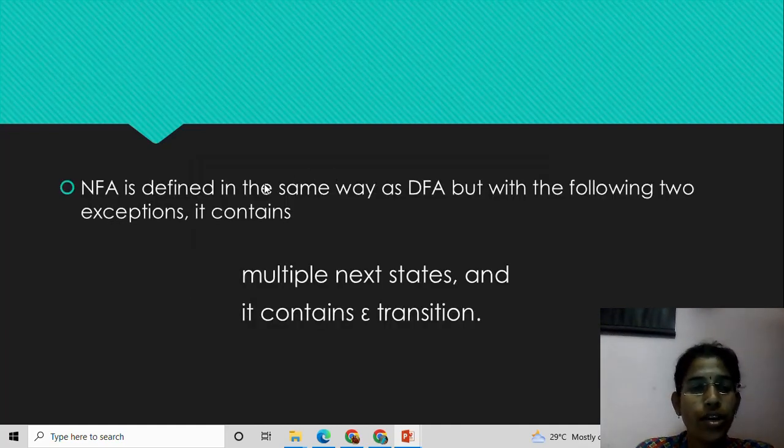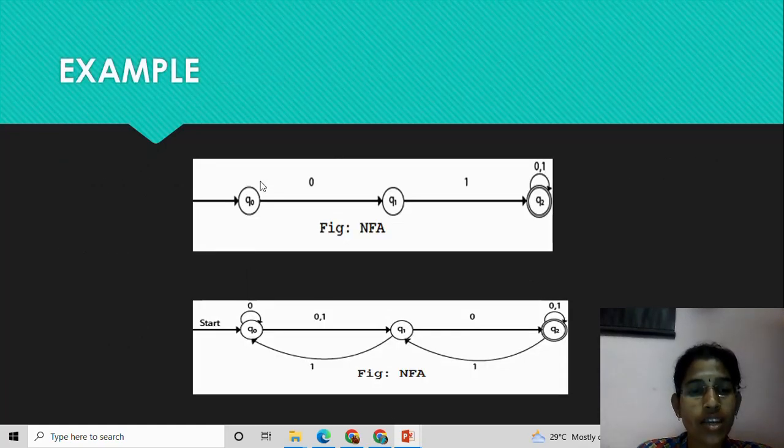So, very important: the NFA is the same as DFA, but with the following two exceptions. It contains multiple next states for a single input and it contains epsilon transition. Epsilon transition means it can travel from one state to the next state without any input. That is known as epsilon transition.